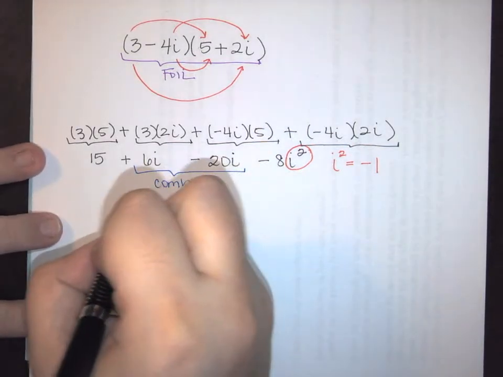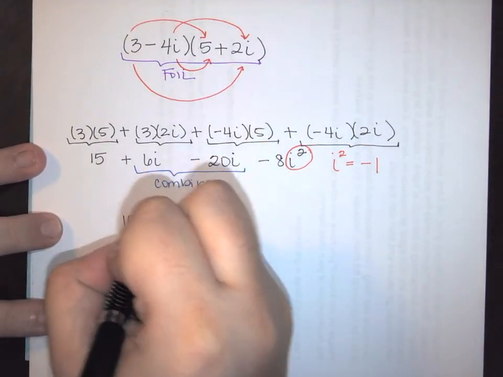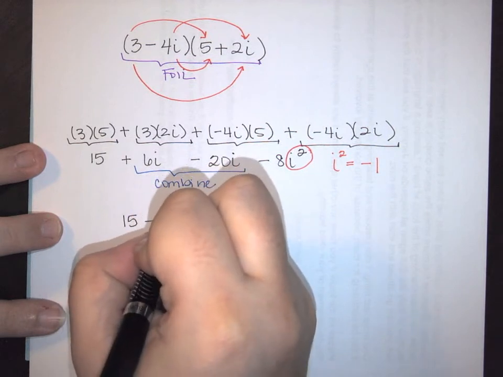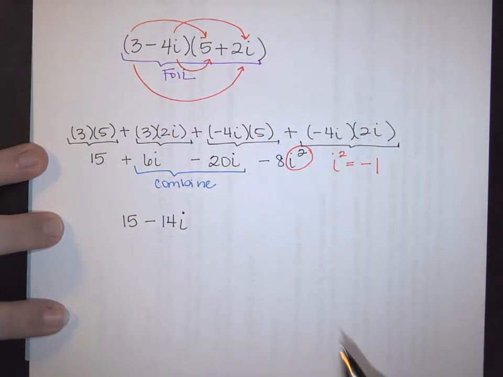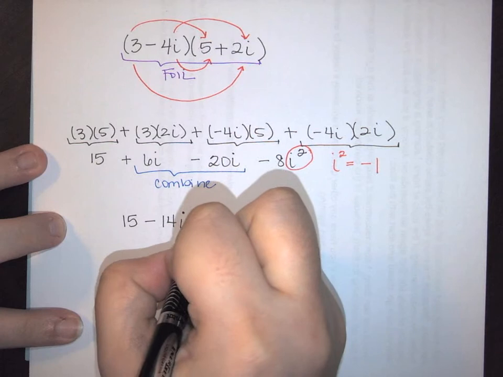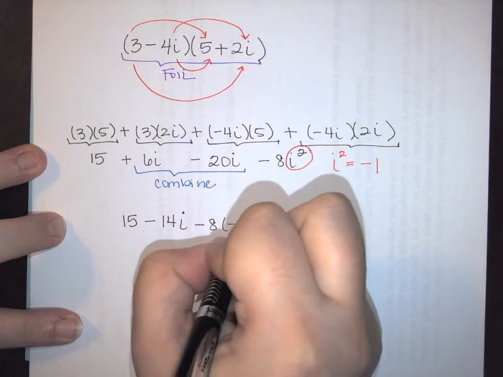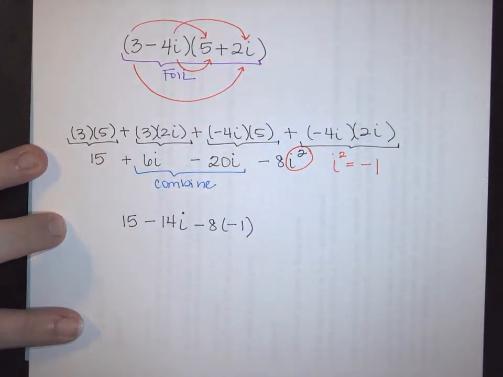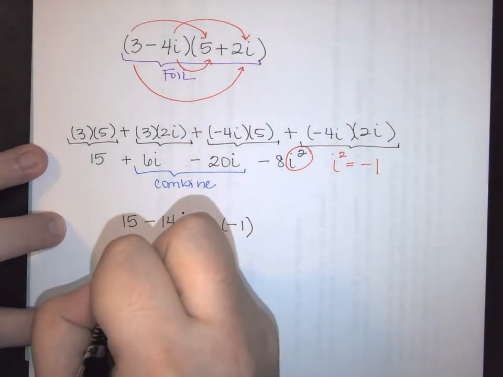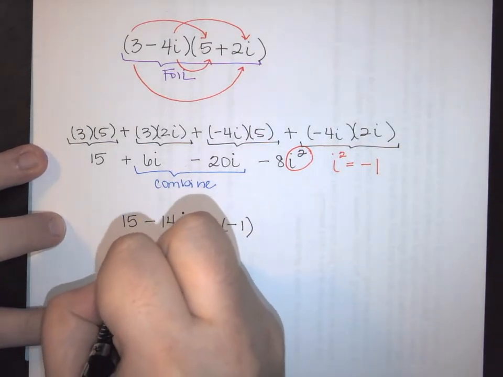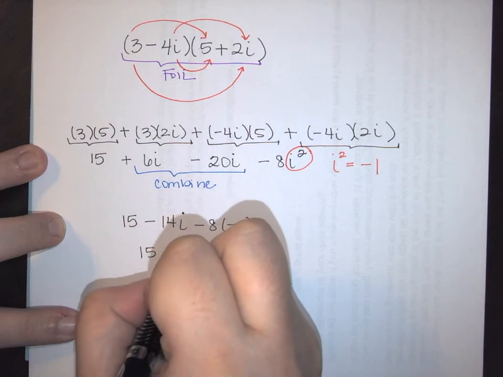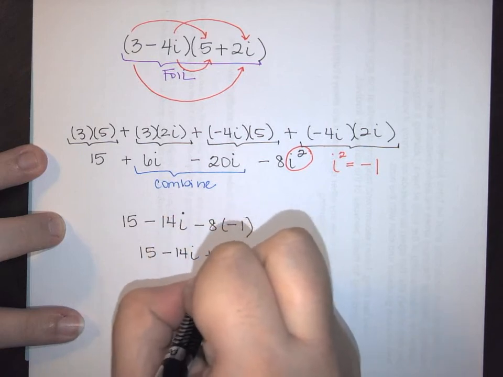So this is going to be 15 minus 14i. And then this becomes minus 8 times negative 1. Well, negative 8 times negative 1 is positive 8, so this is going to be 15 minus the 14i plus 8.